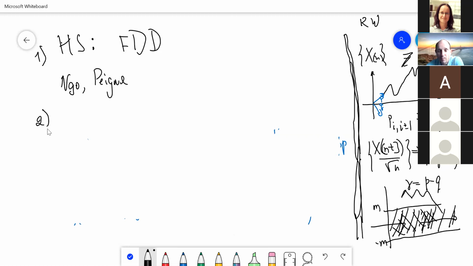Another approach was taken by Minlos and Zhizhina. They used a semi-group approach.